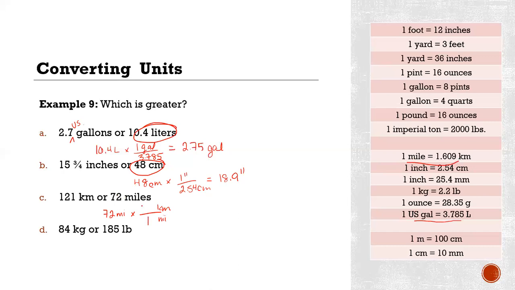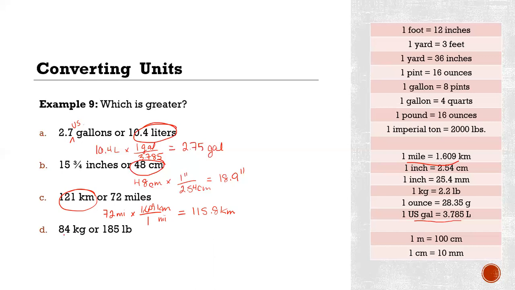So 1 mile is 1.609 kilometers, so 72 times 1.609 leaves us with 115.8 kilometers. So 121 kilometers is greater than 72 miles.